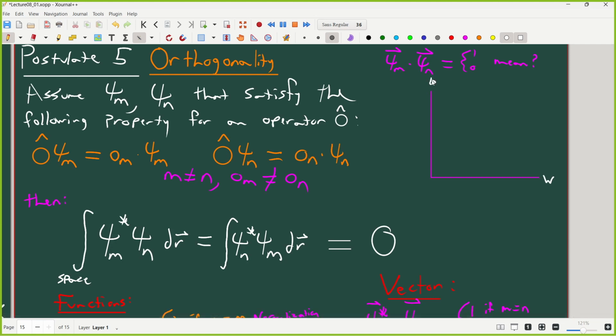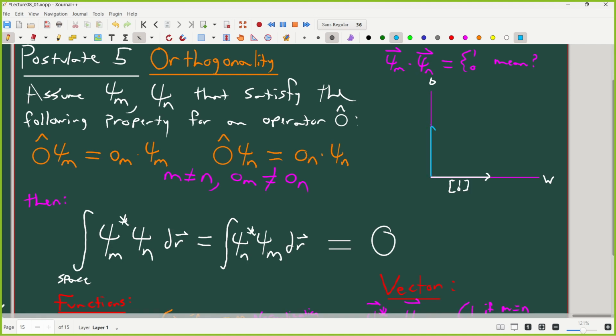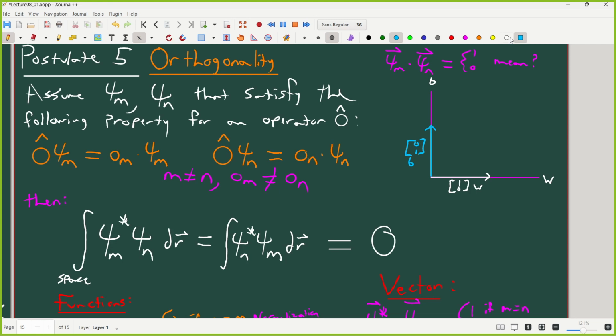A pure white electron is 1, 0, and a pure black electron, which I'll draw in blue, is 0, 1. This is a white electron, and this is a black electron. These are perpendicular vectors.